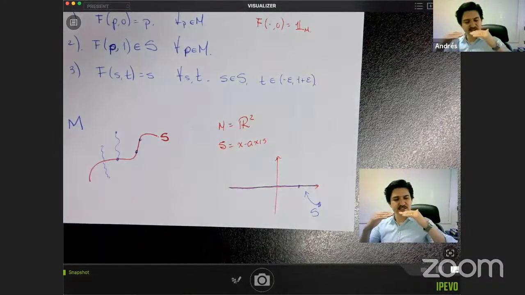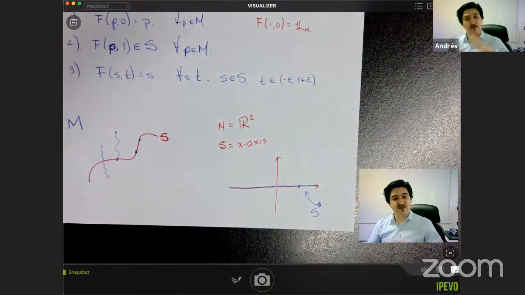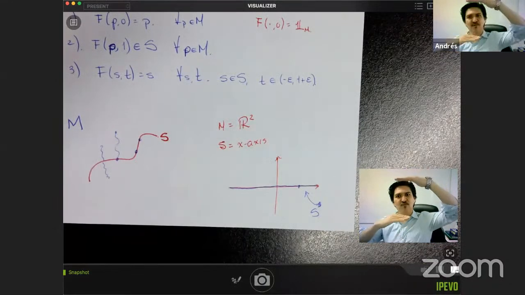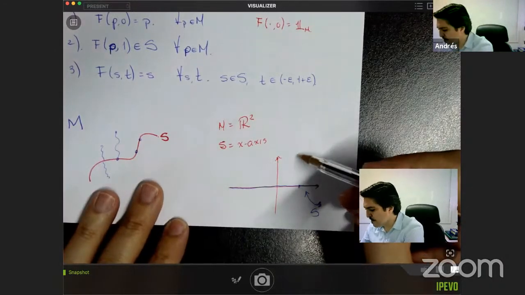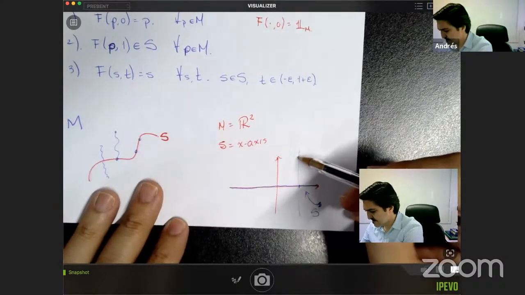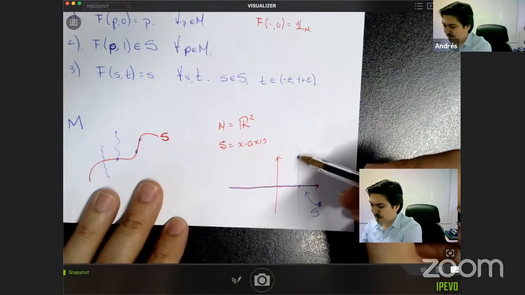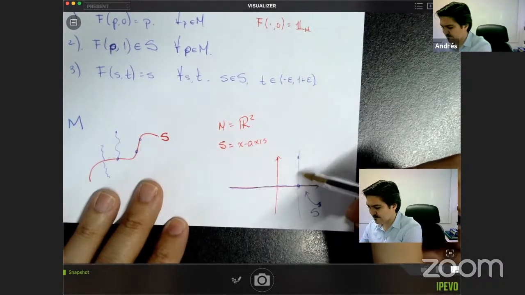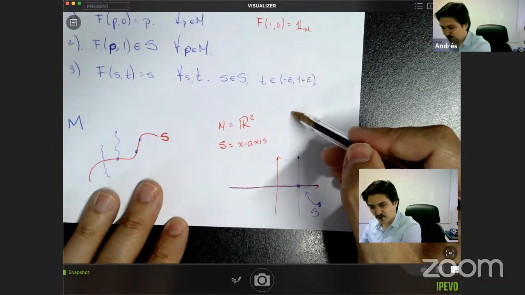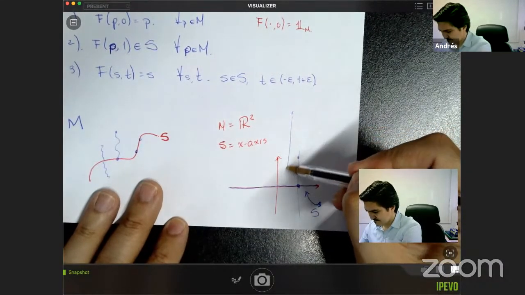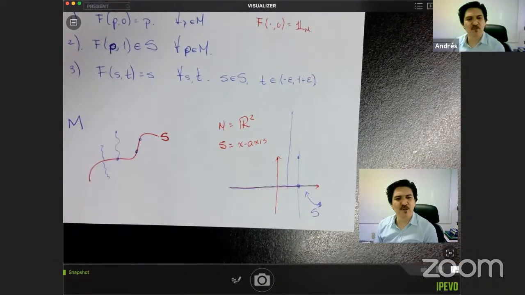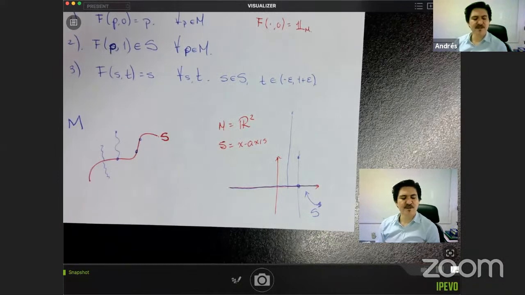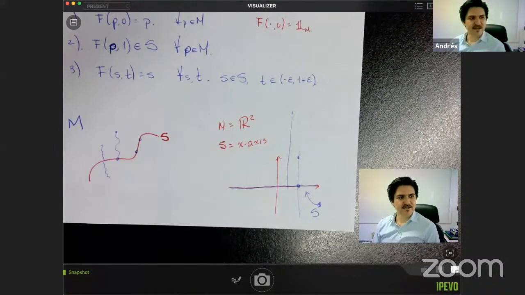And the x-axis is a deformation retraction of the plane, and just think of it as a movie collapsing everything. You can go along the vertical line. This point at time 0 and at time 1 will be here. Any other point here again. So everything collapses, and there is no obstruction to doing that. So the x-axis is a deformation retraction of the plane.